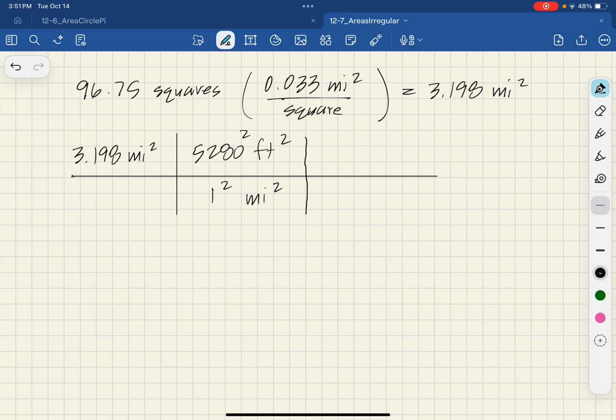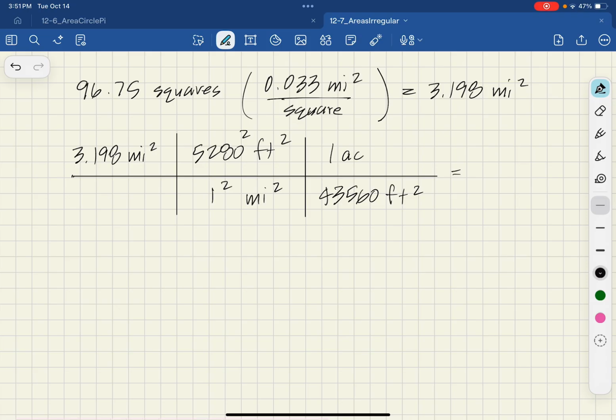Okay, so at this point we would be in square feet, and then we know that in 1 acre, which is what we were trying to get to, there are 43,560 square feet. So this will give us acres. And let's see what happens.